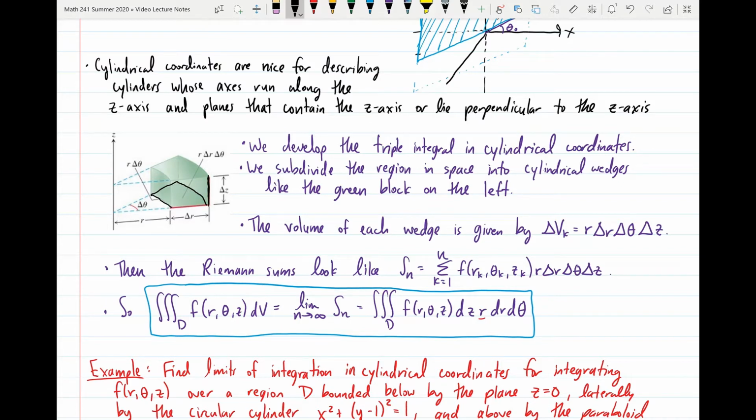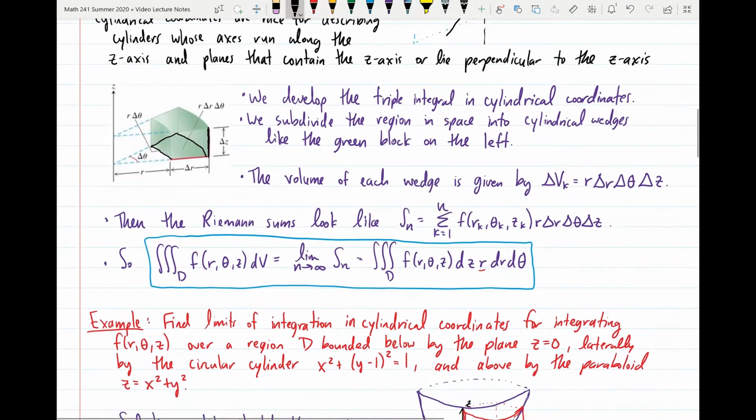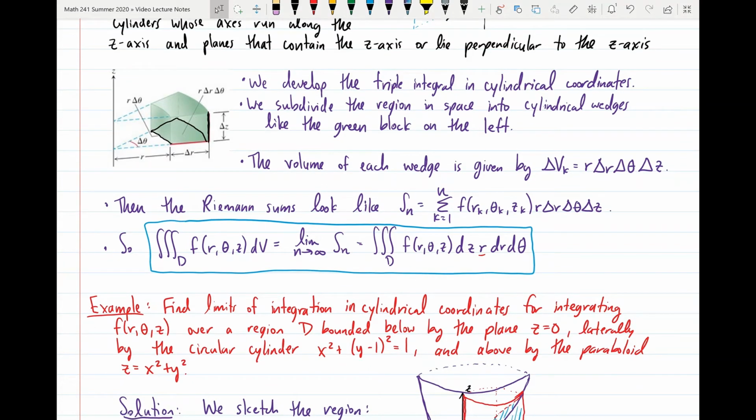So it's a polar rectangle that has a third dimension in the z direction. And the volume of each of the wedges is going to be given by the area of the polar rectangle that's creating the base of our cylindrical wedge, multiplied by the height of the wedge, which just ends up being r times delta theta times delta z.